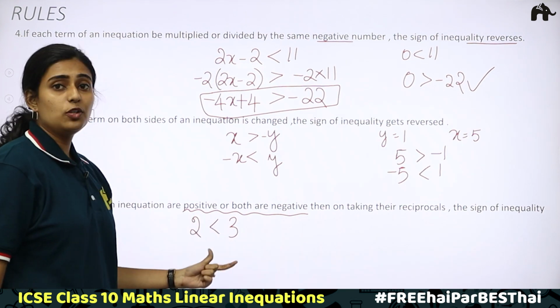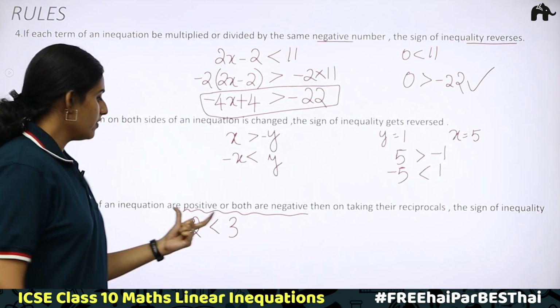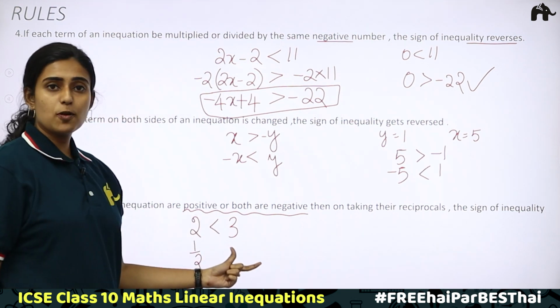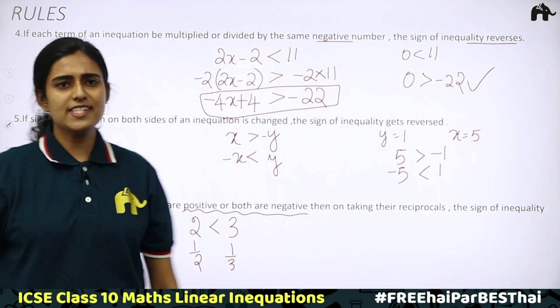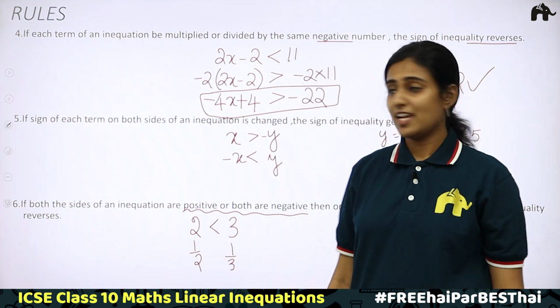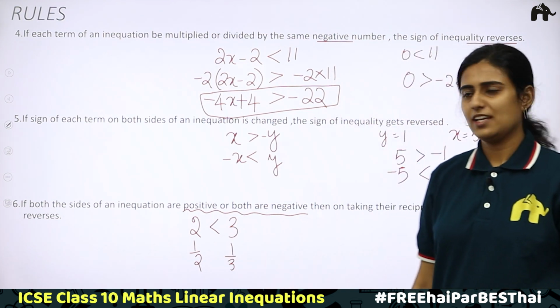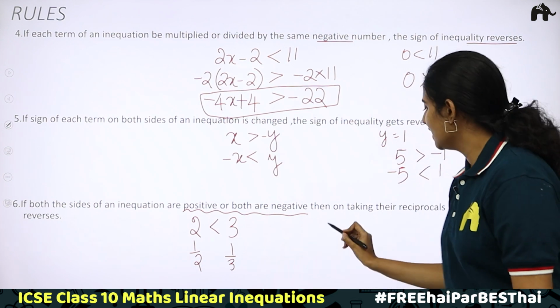Okay. Now we need to take the reciprocal of this. Both of these numbers are positive. When I take the reciprocal of 2, I get 1 by 2. What is the reciprocal of 3? 1 by 3. Now which is greater? 1 by 2 or 1 by 3? According to this rule, we have to reverse this inequality. But I want your answer. Which is greater? 1 by 2 or 1 by 3?